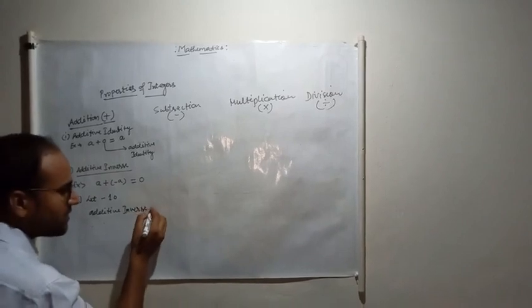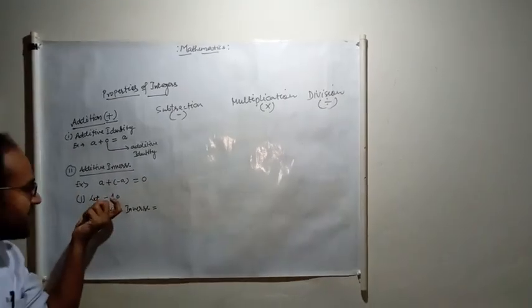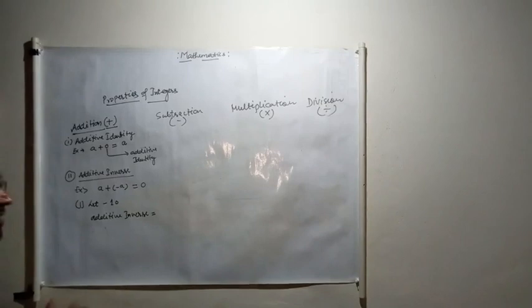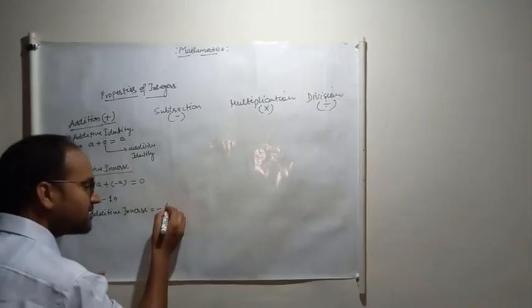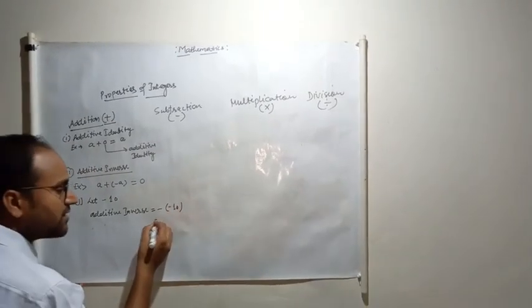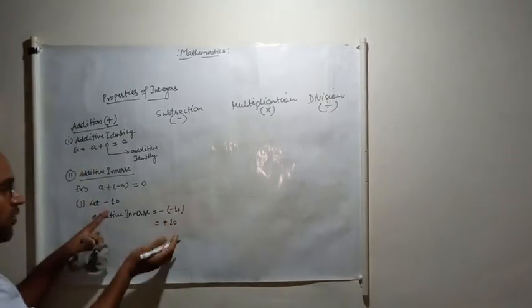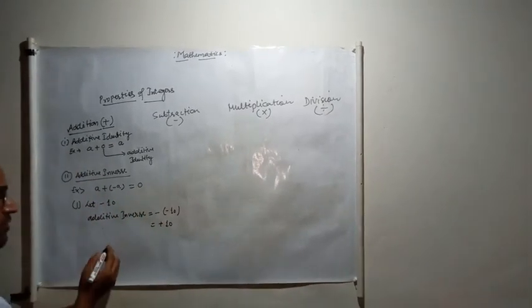It is very easy. If it is a minus, then its inverse is a plus, so you get plus 10. If you add this minus 10 and plus 10, you always get 0.